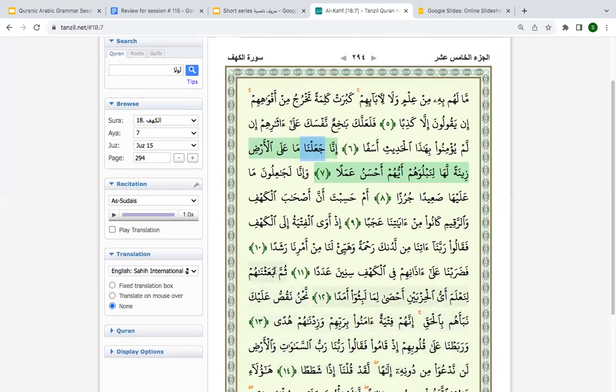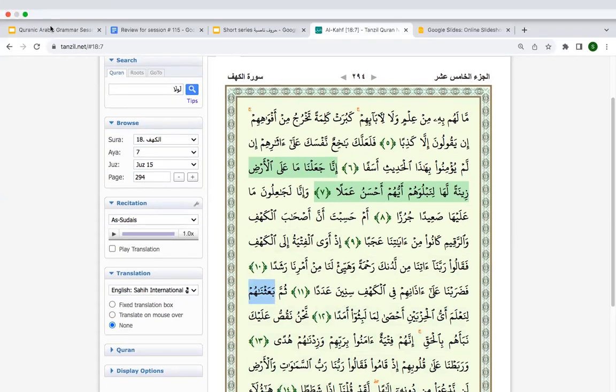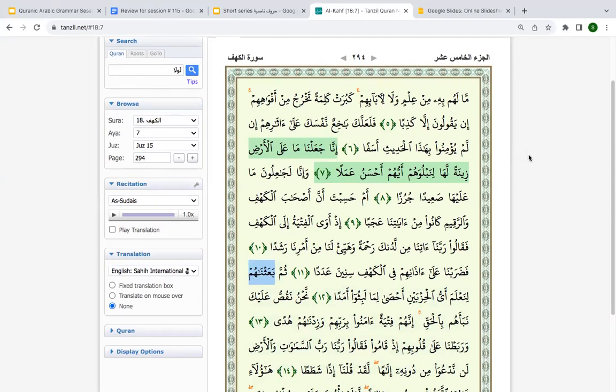Ba'asnahum. Yes, ainul kalima is with a fatha. Fataha yaftahu. Ba'athna. Again, ainul kalima with fatha. You are going to think about three options.